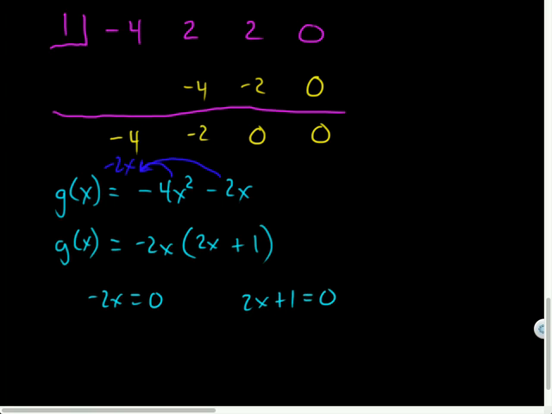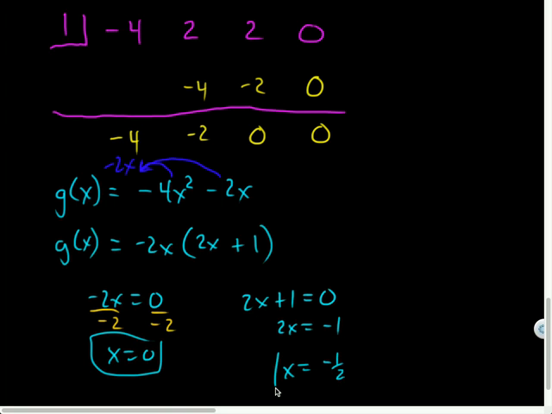And if I solve, this one solves rather easily. I get x equals 0. And this one, I get 2x equals -1, and x equals -1/2, if I subtracted 1 from both sides and then divided by 2 on both sides.